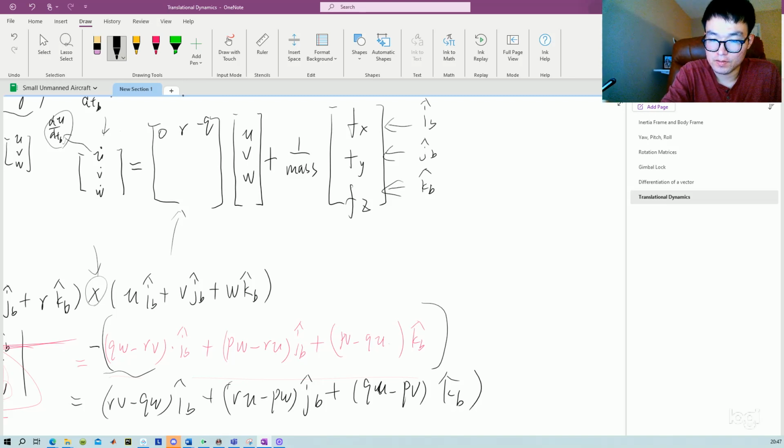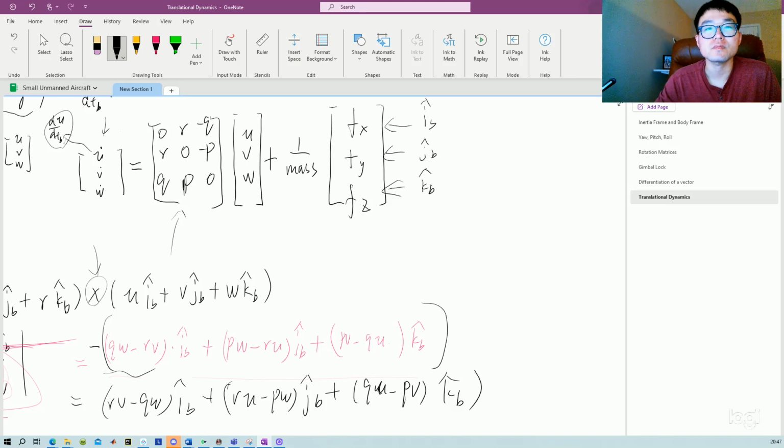Then the matrix is: 0, R, negative Q in the first row; negative R, 0, P in the second; and Q, negative P, 0 in the third.